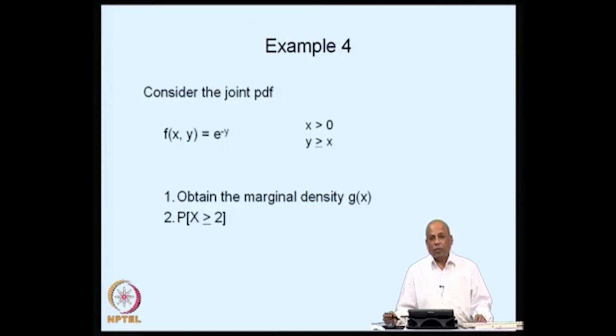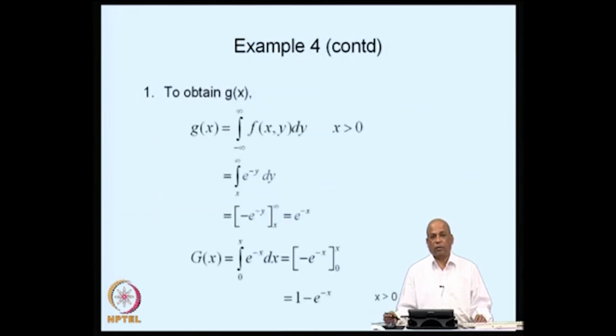We will again do another example, so that the use of the joint PDF to obtain the marginal densities is clear. So, f(x, y) is equal to e to the power minus 5, x is greater than 0 and y is greater than or equal to x, and we will be interested in getting the marginal density of X as well as the probability that X is greater than or equal to 2 from the marginal density.